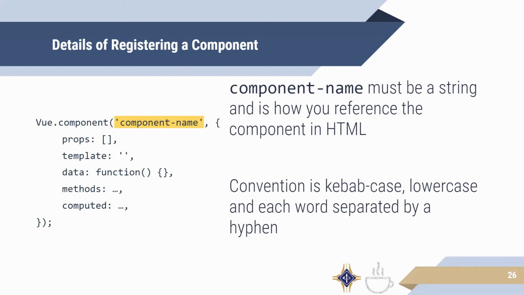This is a very rare occurrence nowadays, and pretty much every modern browser since around 2015 ignores that issue altogether. But in case you have to keep things backwards compatible, just always use kebab case for the component name. This component name is also how you will represent the actual component in the HTML code, so it's basically the custom tag name you create and use in your HTML file.